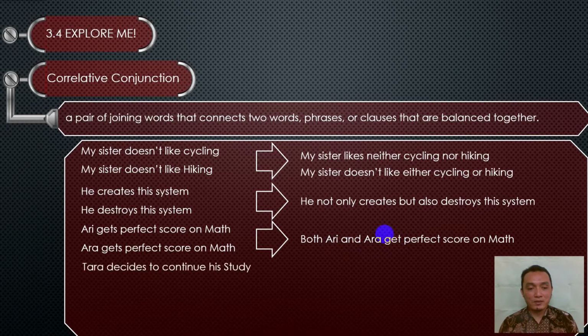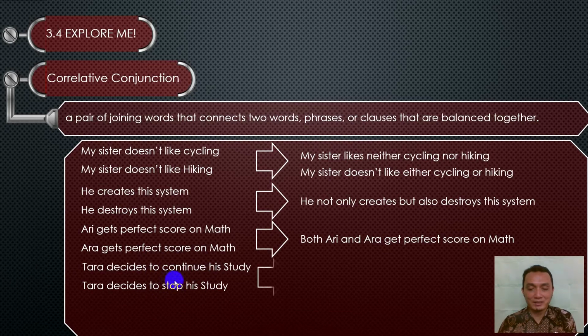And then the fourth example. Tara decides to continue his study. Tara decides to stop his study. The difference is to continue and to stop. Okay, this is to infinitive, to continue and to stop.